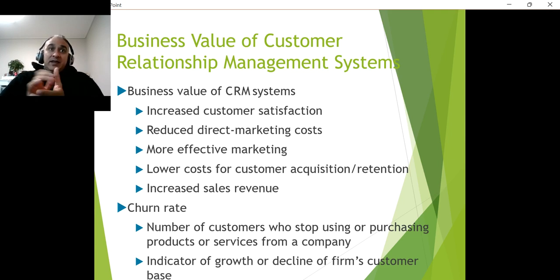Rather than baseball gear, because they know I don't do it. So supposedly it's more effective. I have my own personal opinion that I think sometimes it's spam. That is a problem also with this kind of CRM systems, that they end up being spam.